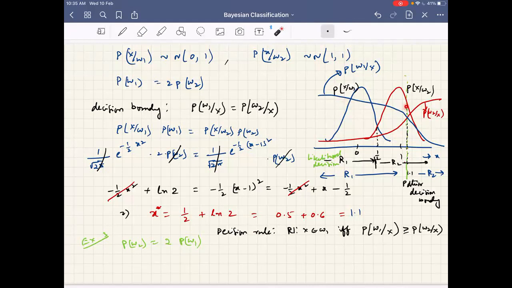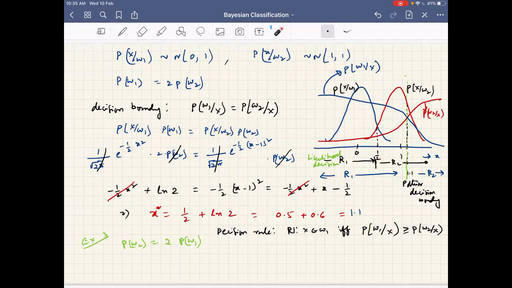With how much confidence am I putting them into this class? With the confidence of P of omega 1 given X, I am putting this into class 1 here in this region, correct?